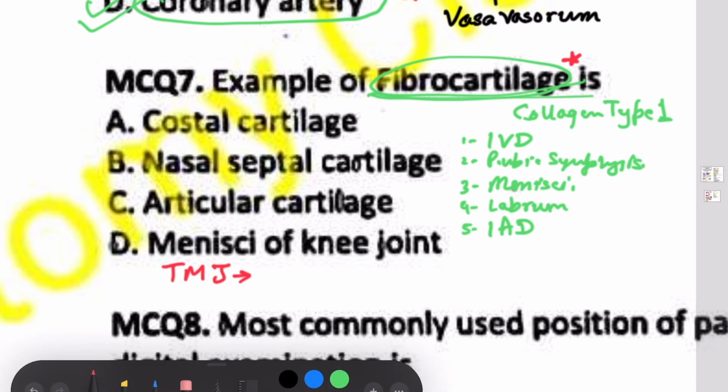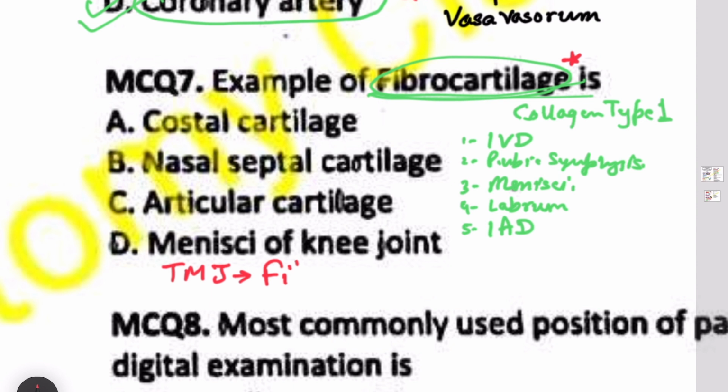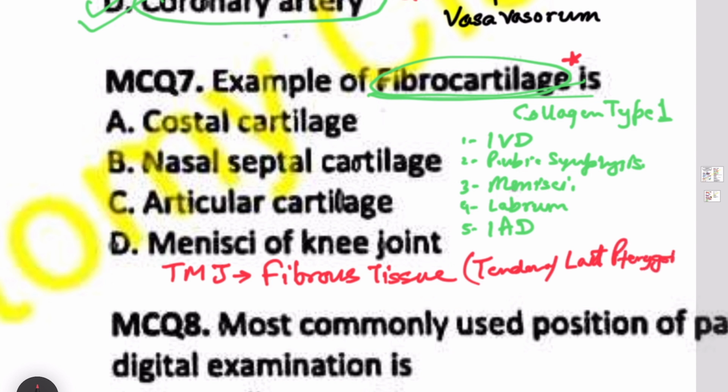Rather, it is a fibrous tissue, because it is presumed to be a degenerated portion of the tendon of the lateral pterygoid muscle. So for the TMJ, you will not say it is fibrocartilage, it is a fibrous tissue.